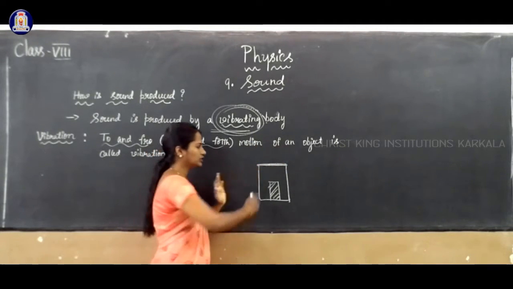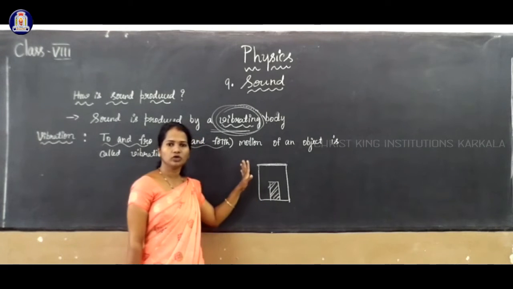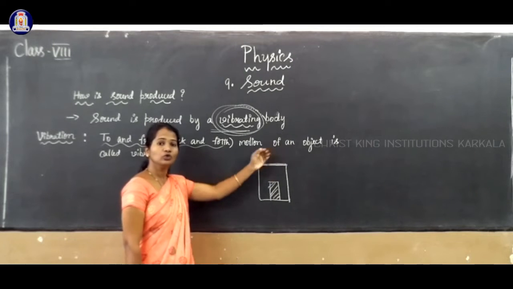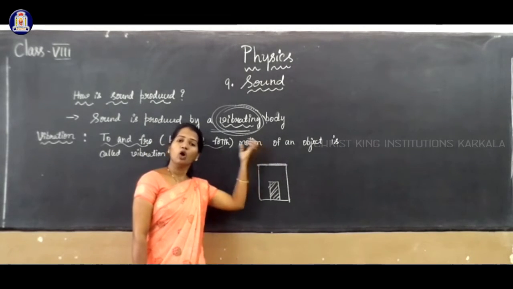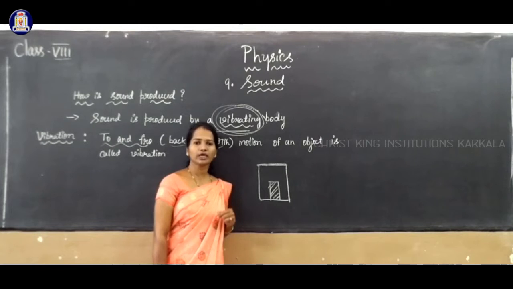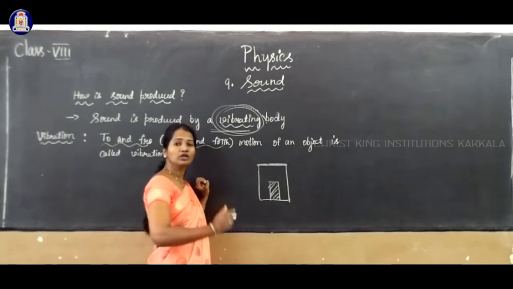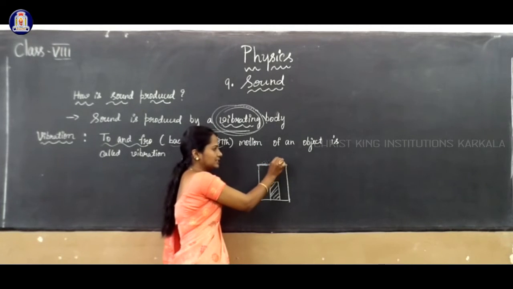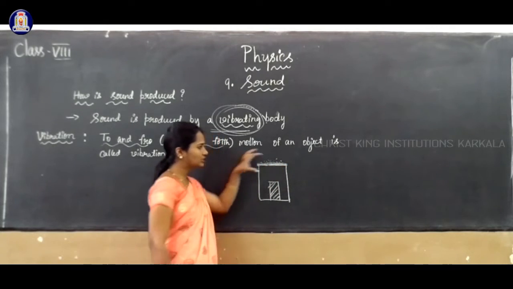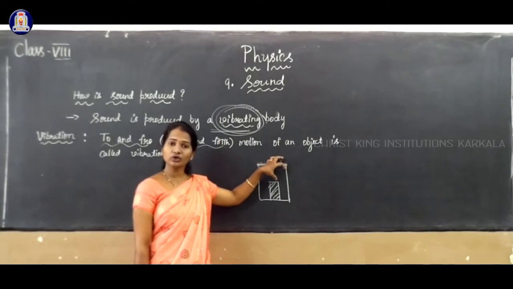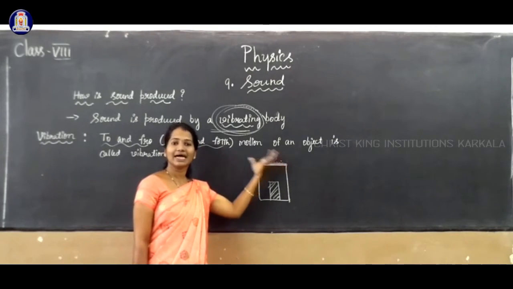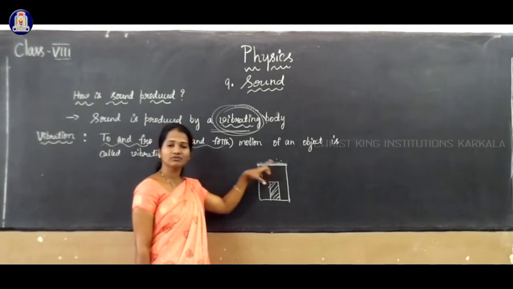To observe the vibration clearly, you can take some small sand grains and put some sand on the surface of the stretched balloon. Now you can see the sand start dancing. You can see the movement of the sand due to the vibration.